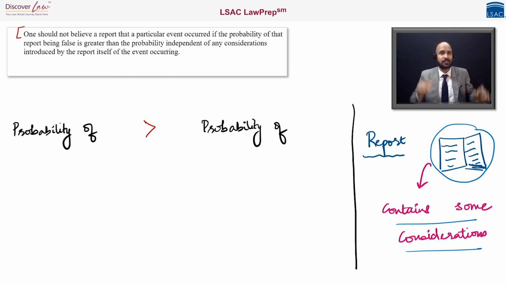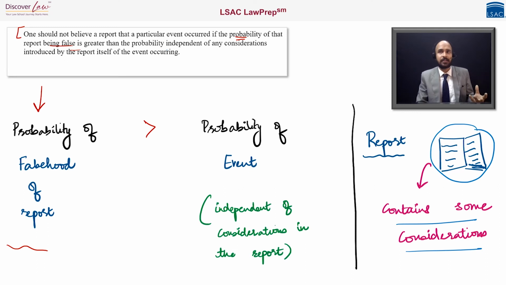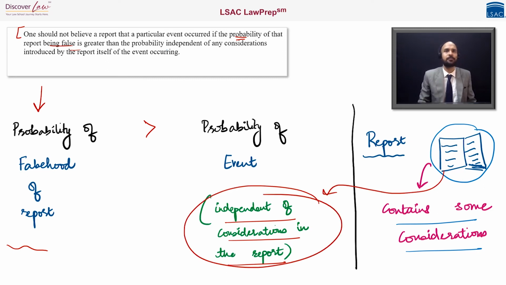We know this. So what is the first probability that we're speaking of? It talks about the probability of the falsehood of the report. It said the probability that the report is false is greater than the probability of the event independent of considerations in the report, which means that if you ignore what the report itself says.